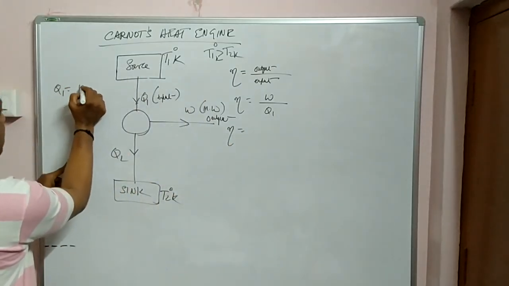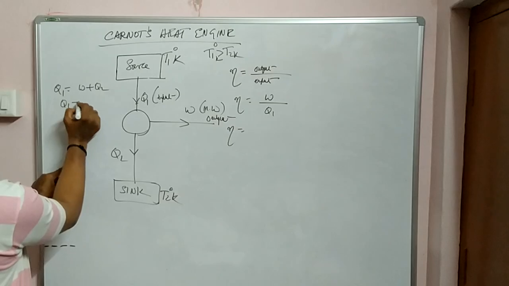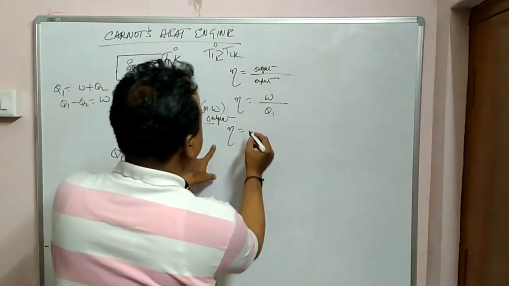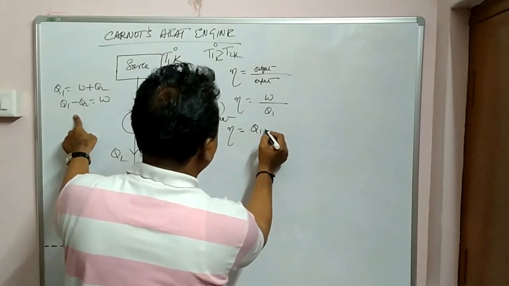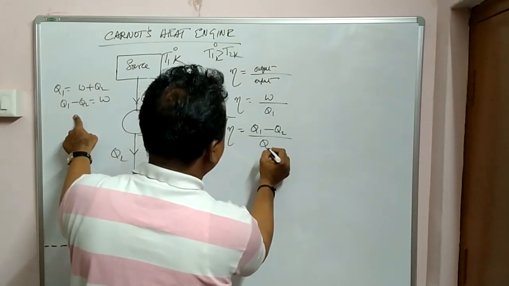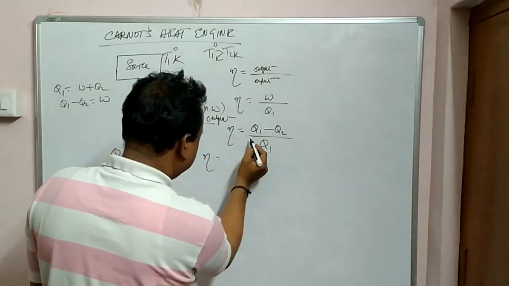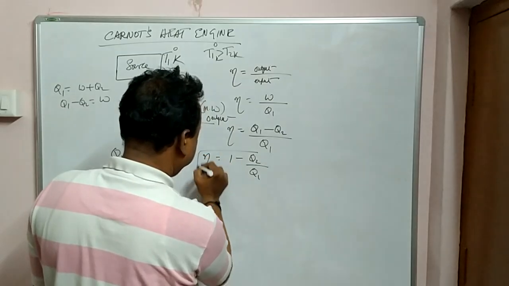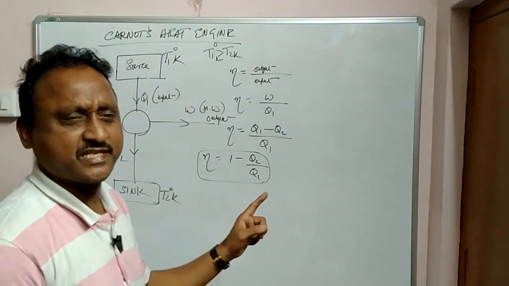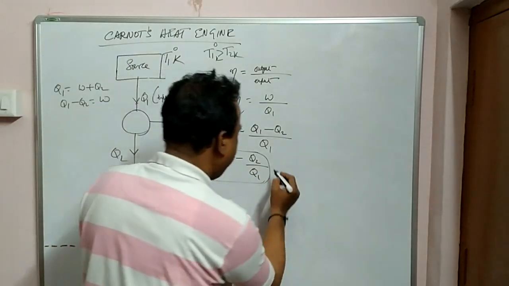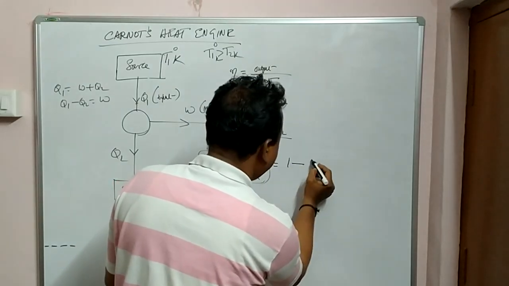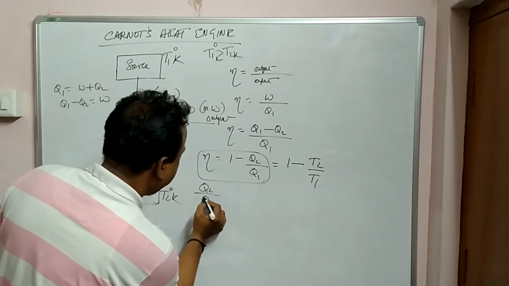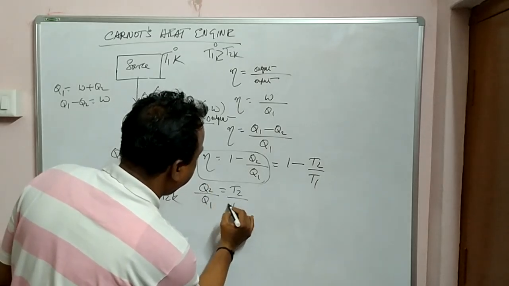Q1 is equal to W plus Q2, or Q1 minus Q2 is equal to W. So efficiency is Q1 minus Q2 by Q1, that is 1 minus Q2 by Q1. This is the maximum efficiency given by Carnot's heat engine, and sometimes it is also written as 1 minus T2 by T1, because Q2 by Q1 is equal to T2 by T1.